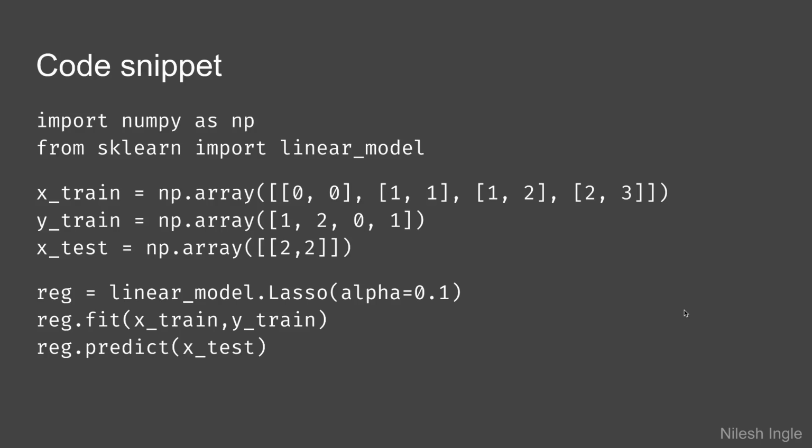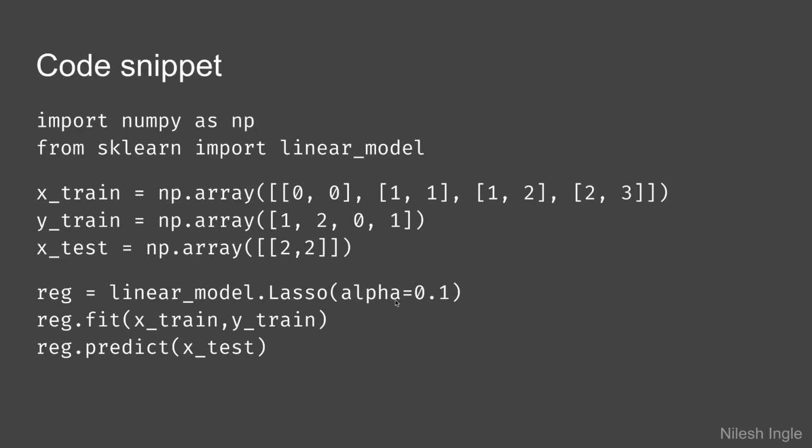And the code snippet is similar to what we have been seeing in the scikit-learn implementations. We import the linear model, have the train test data, and then we initialize the variable reg, and by calling linear_model.Lasso, again we can tune the value of alpha.